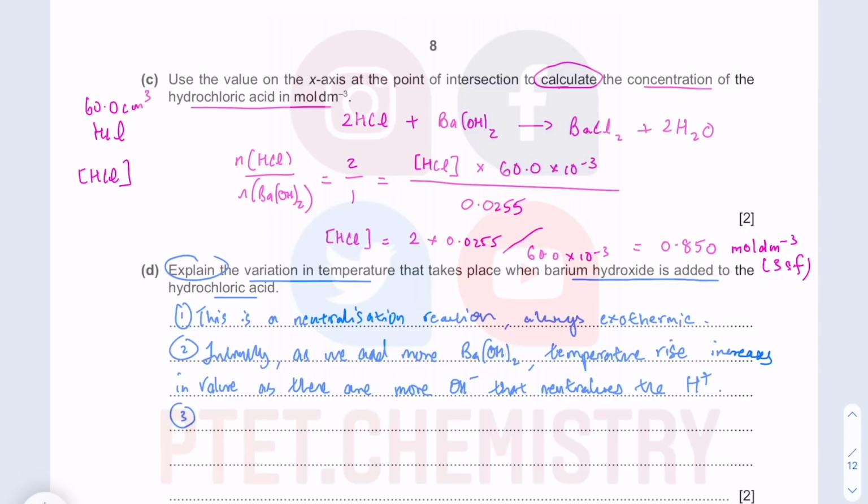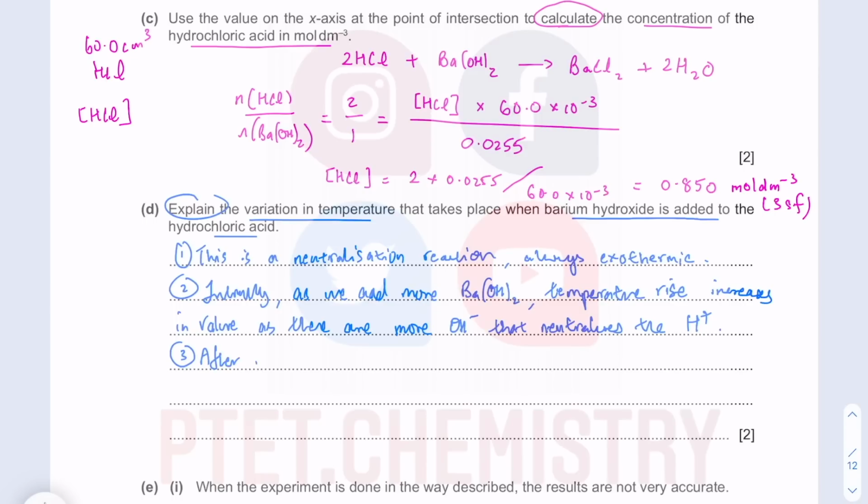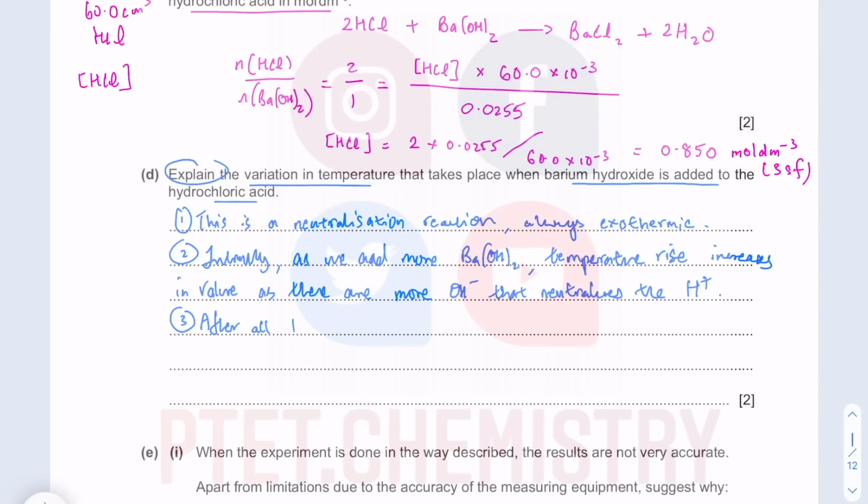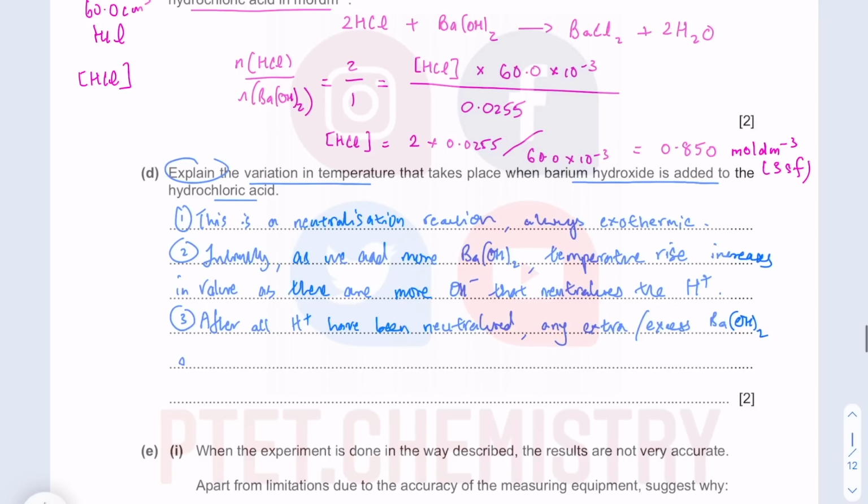All right. So because you have a fixed volume of hydrochloric acid of a specific concentration, after all the H plus have been consumed, or neutralized in the technical term, that means no more H plus. So any excess barium hydroxide added will have no further effect on temperature.